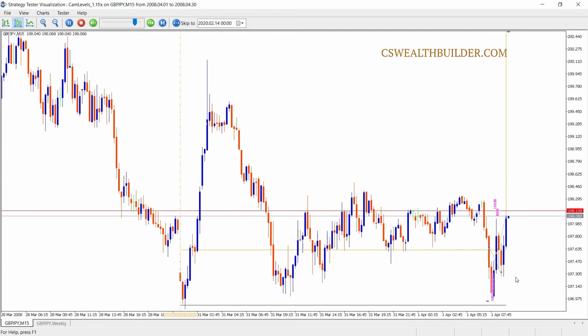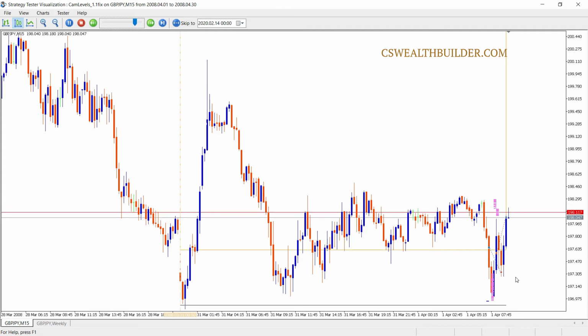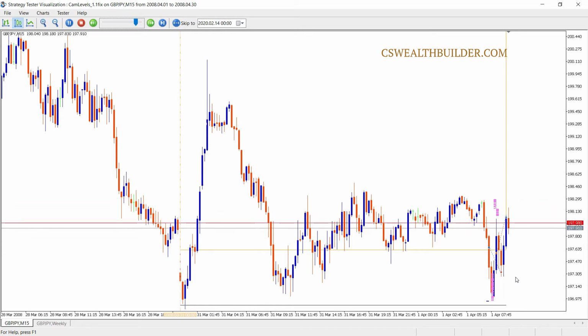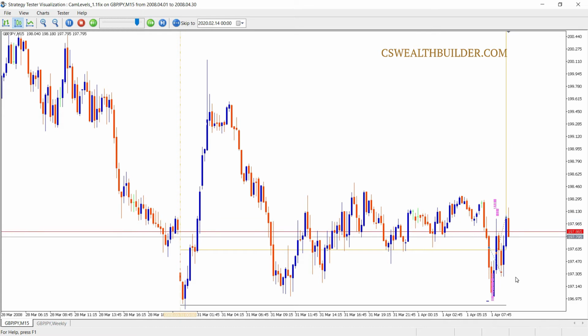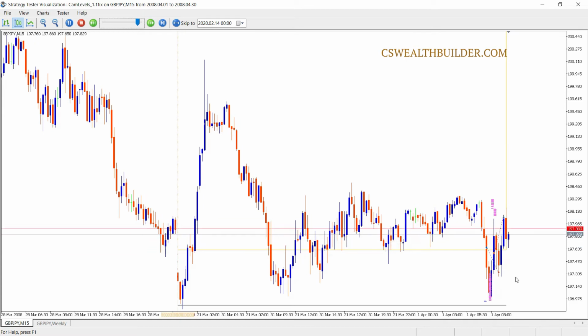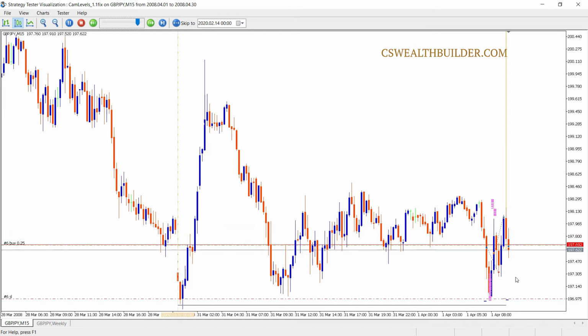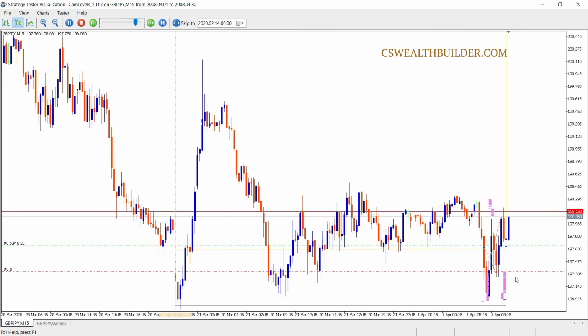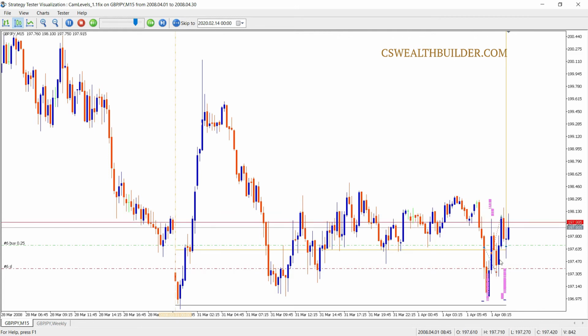And we have a second loss here. Okay, so we're starting with two losses, but that's okay. That does happen. That's not a big deal. So let's go to the next transaction. So, okay, the robot just bought it. Again, as you can see, our red line already moved.